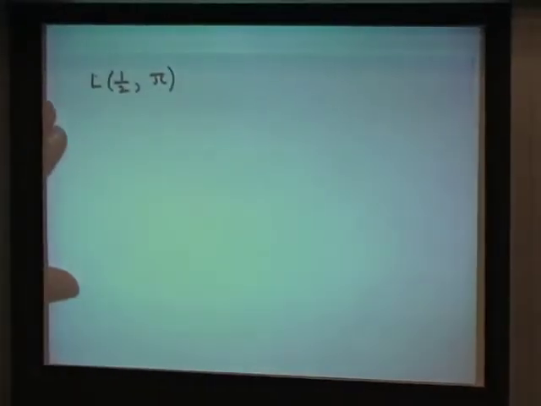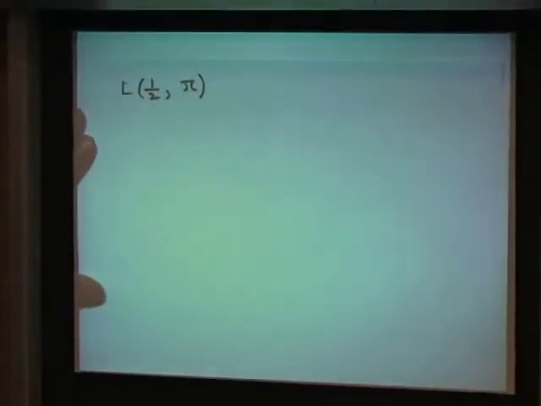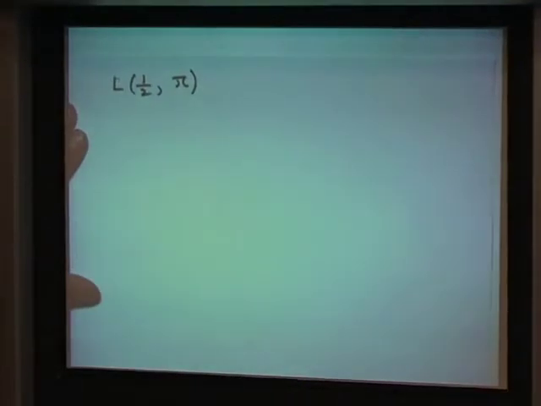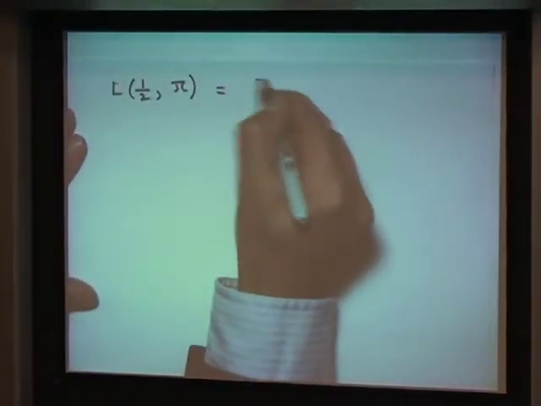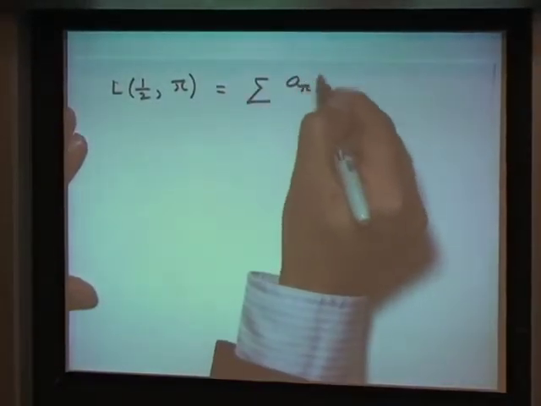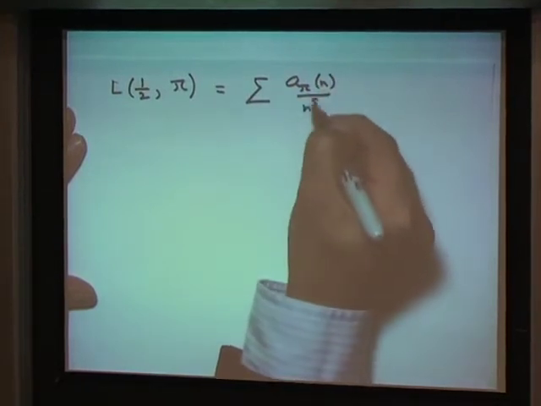So now let me explain how this weak subconvexity goes. I'm interested in some L-function which I will denote by something like L(1/2, π). This π is not π from Pi Day, but maybe it corresponds to some automorphic representation, whatever that means. So this has some Dirichlet series a_π(n) over n to the s, and it has some Euler product.